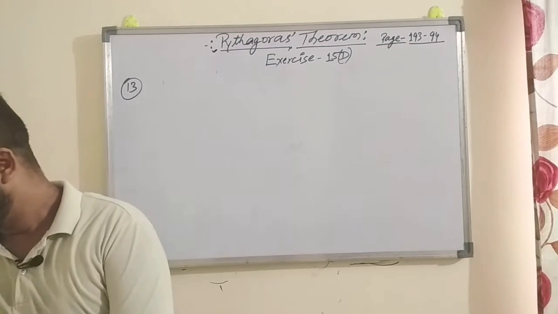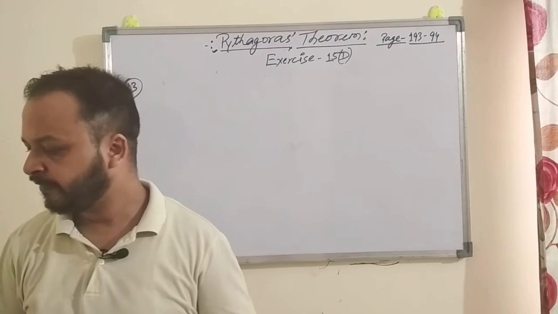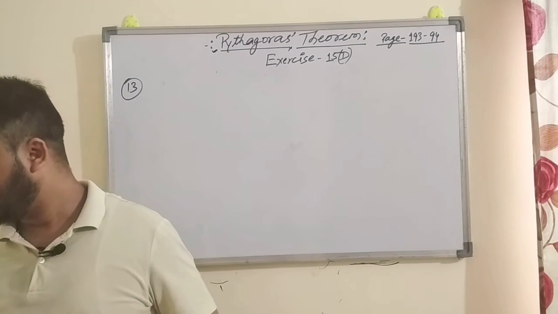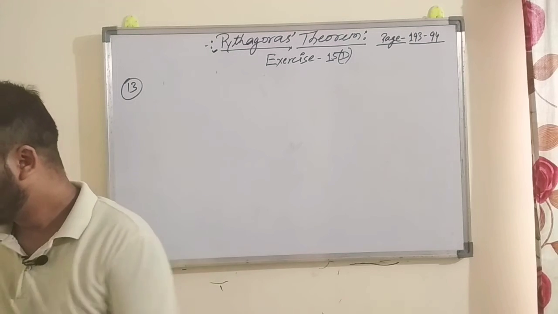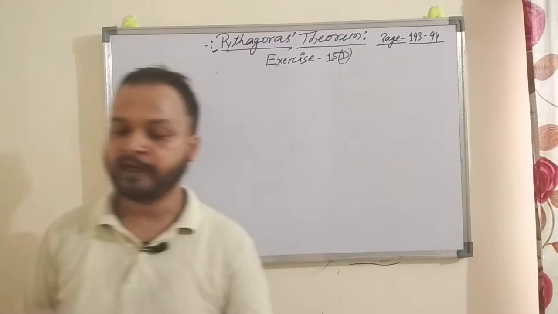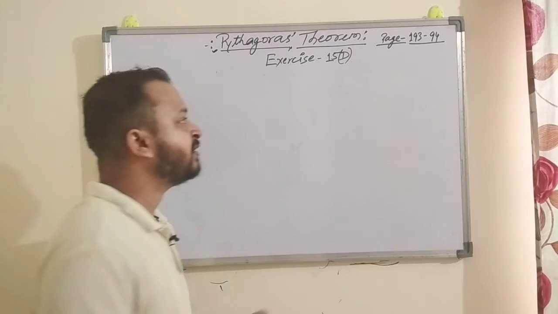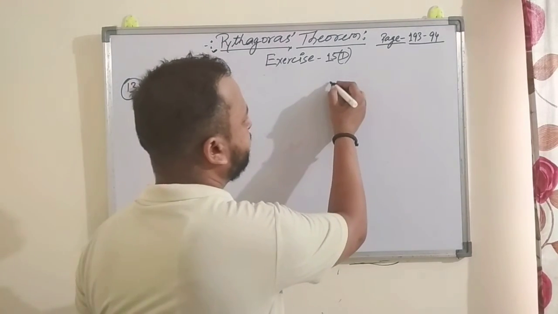Question number 13 is saying a man goes 35 meters due west and then 12 meters due north. How far is he from the starting point? So for this, first you have to make the directions.